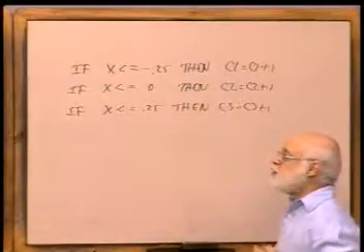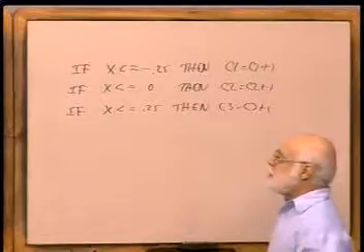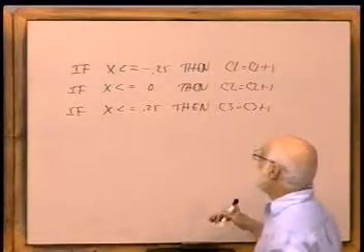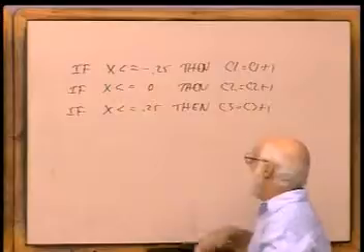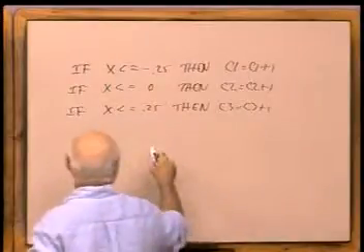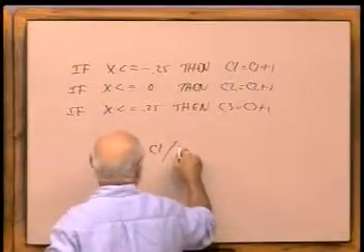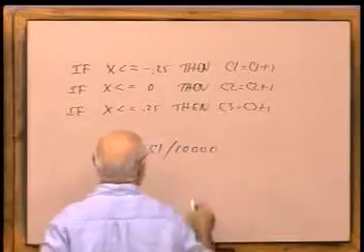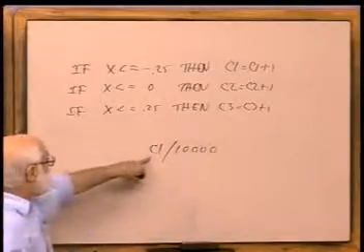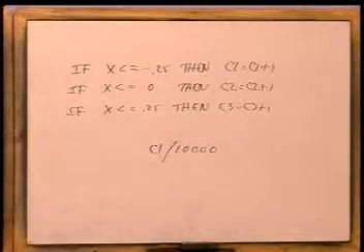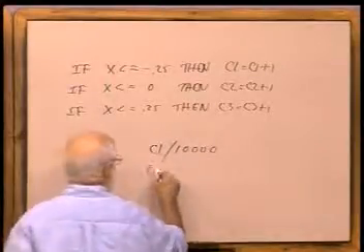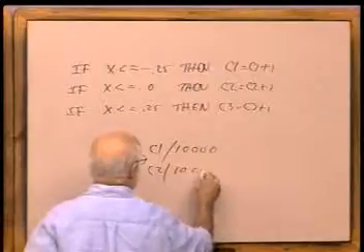And then to calculate the simulation probabilities, you divide C1 by 10,000, and that would give you the fraction of values that are less than or equal to this value. So you would write that there. And then it would be C2 divided by 10,000 and so forth.